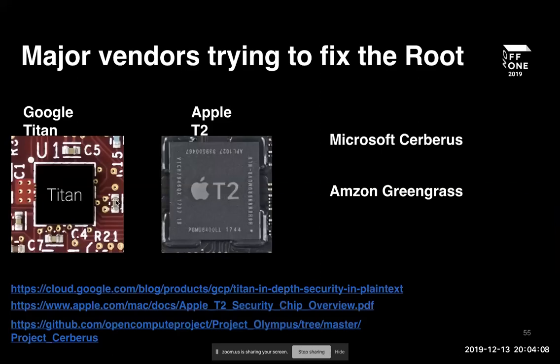Nowadays, major vendors, cloud vendors, and hardware vendors like Apple are trying to fix the root of the problem, basically trying to gain more trust in the platform with their own chips. Google has Titan, Apple has the T2, Microsoft develops Cerberus, Amazon has Greengrass.